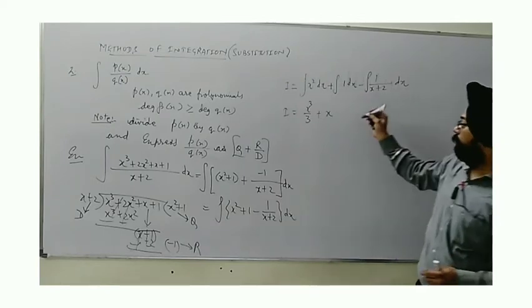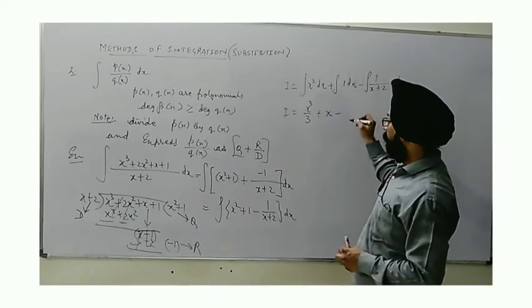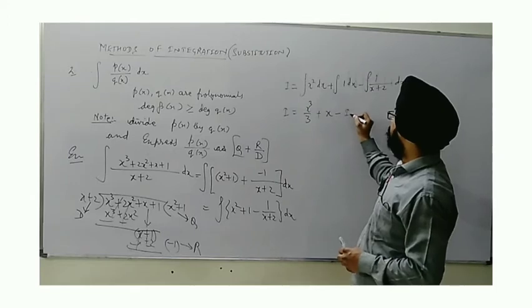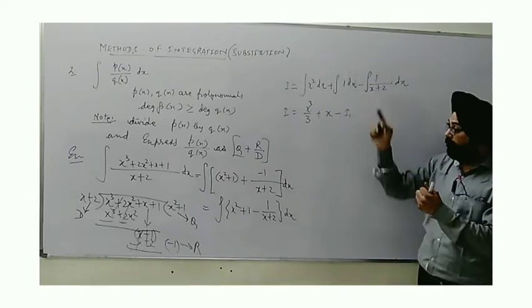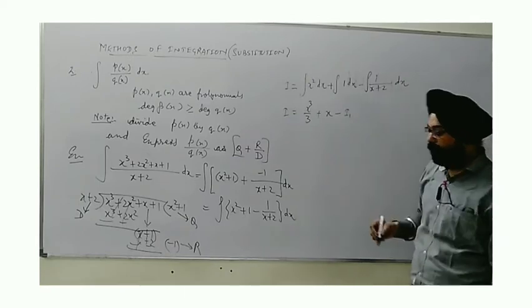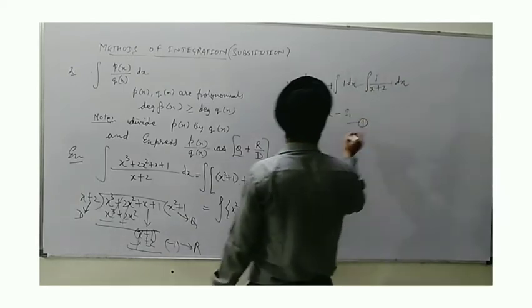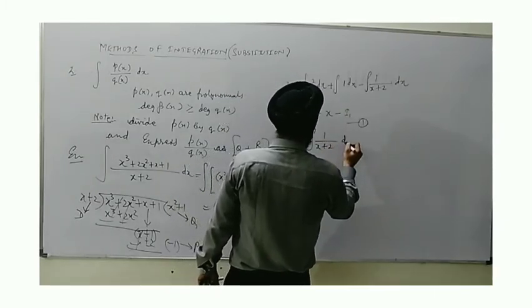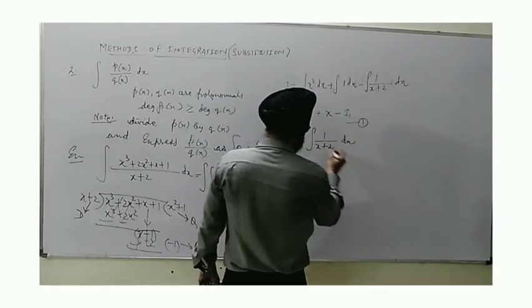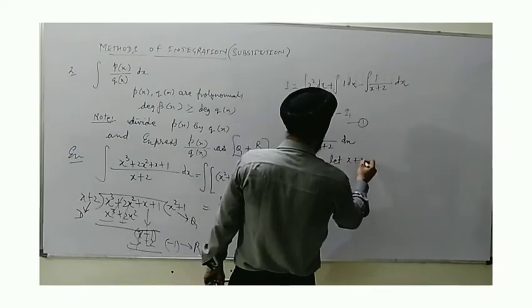But we need to explain substitution. So we take this as I1. Whenever we need to solve some part of an integration separately, consider it to be I1. Remark number 1. Now I1 is the integration of 1 upon x plus 2 dx. Let this linear portion, x plus 2, be t.